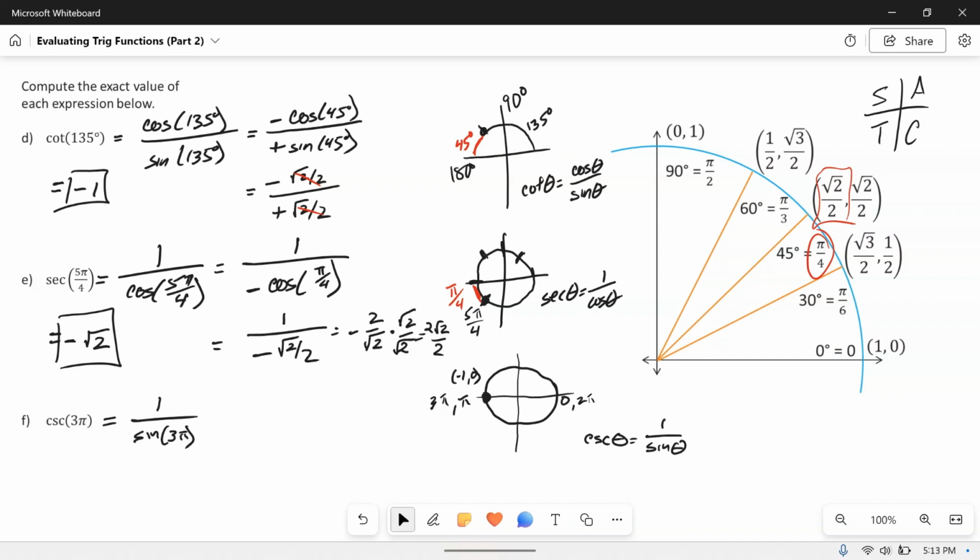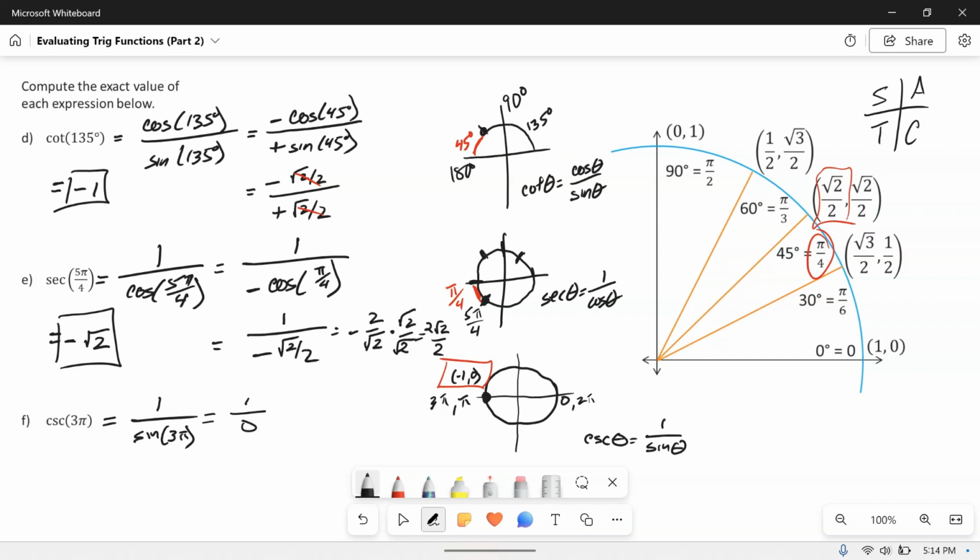Okay, we're not in a quadrant. We are actually on a quadrantal angle, so I don't need to worry about reference angles or anything like that. I just need to know which of the points on the axes we are on, right? We're at the point negative 1, 0. And remember, sine is the y coordinate. So I go from 1 over the sine of 3 pi to just having 1 over 0.